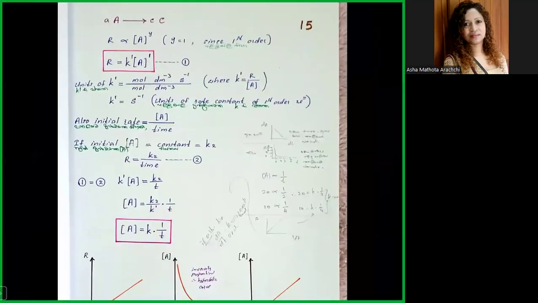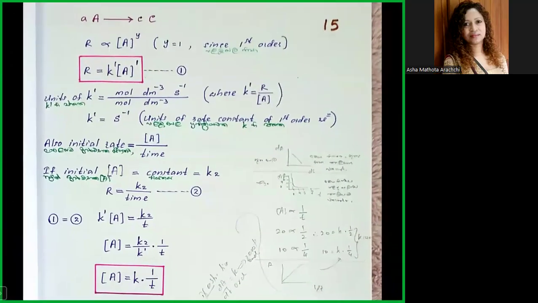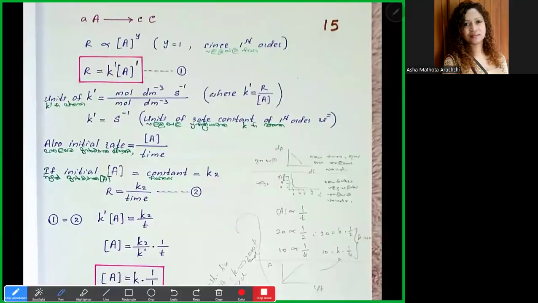All right. See, the same way we are going with the equations. So this time it's first order. So I'm writing again, this is my reactant. So rate law goes with reactants. So I can write rate is proportional to A to some power. So Y is the power. To be first order, Y is supposed to be equal to 1.